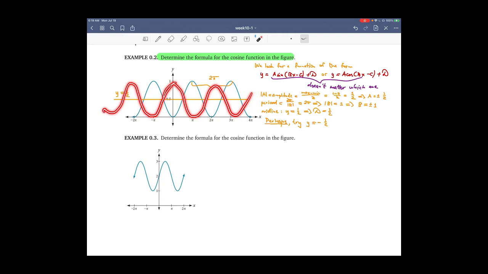So let's try negative 1/2 cosine, b is 1. Let's try without any shift. And plus d, which is also 1/2. So y equals negative 1/2 cosine x plus 1/2.